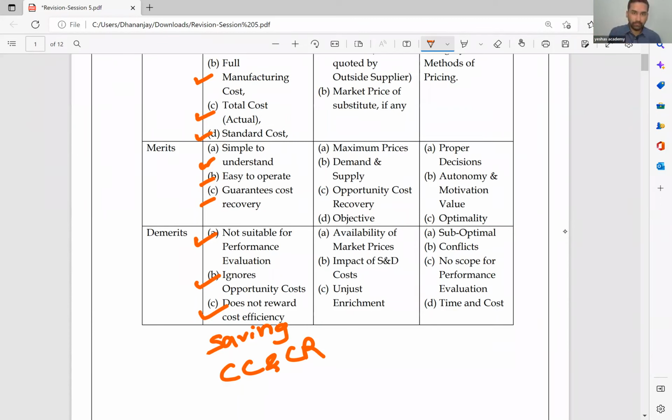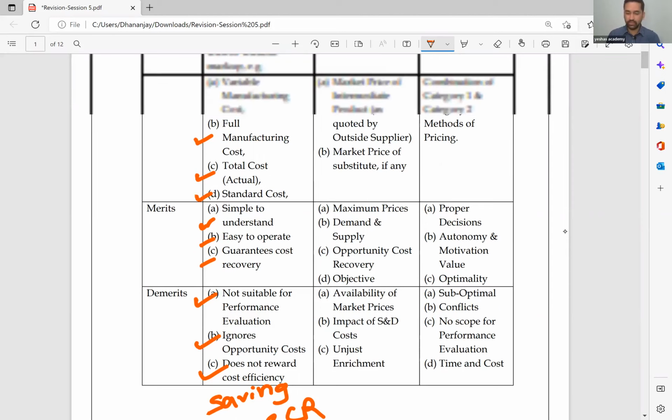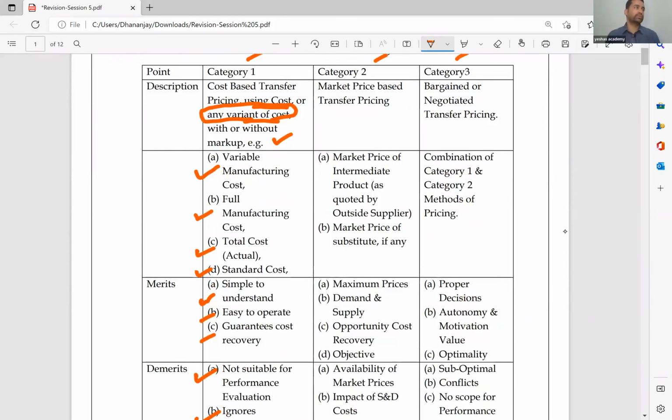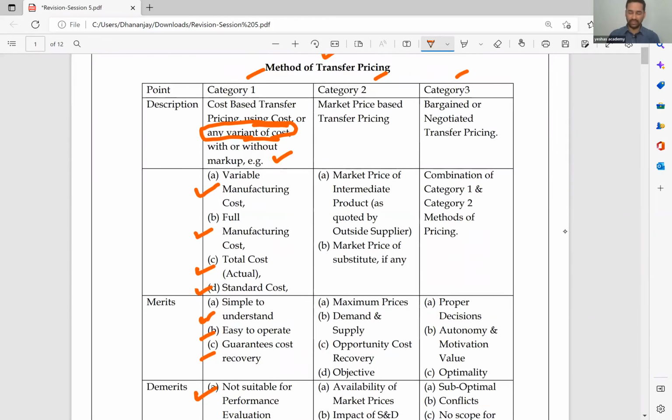So the head of department 1 can come and demonstrate that he deserves some recognition in the company for whatever work he is doing. But if you go by simple cost basis, whatever cost he spends, at that amount itself, he has to transfer to the next department. He will not gain anything. He means the owner of department 1. So this is the demerit.